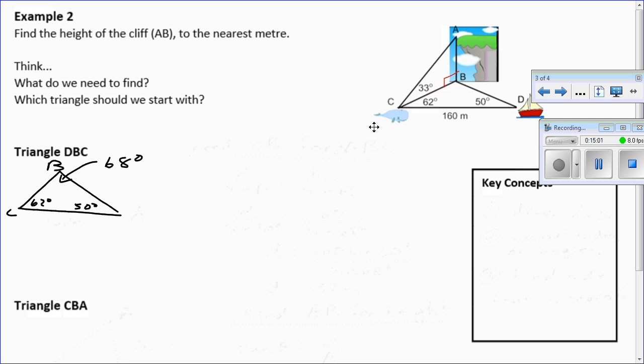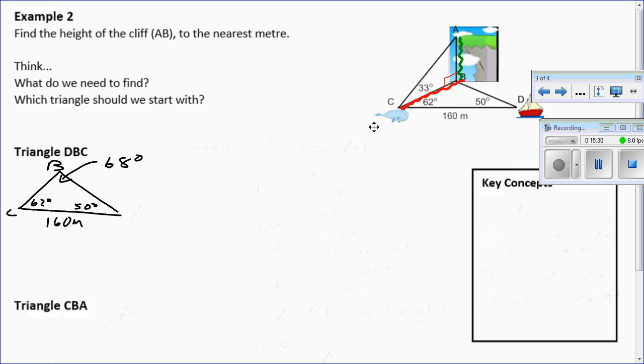So now what we need to find is this part here, CB. CB is the most important thing between those two triangles because it will allow us to find the height that exists between A and B. In order to do that, we're going to have to make sure that everything from that base triangle is on that triangle.